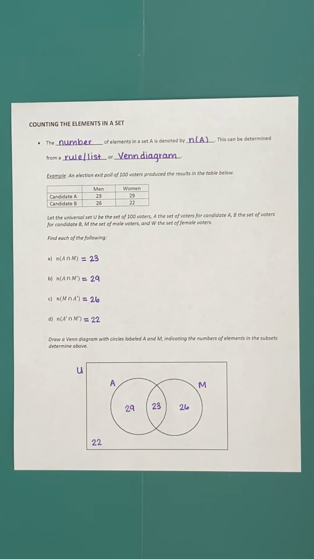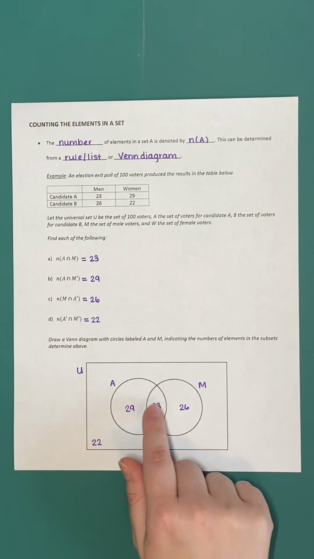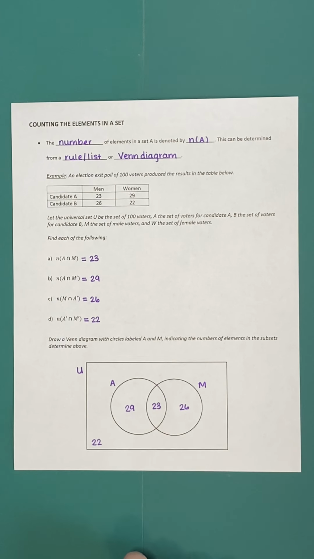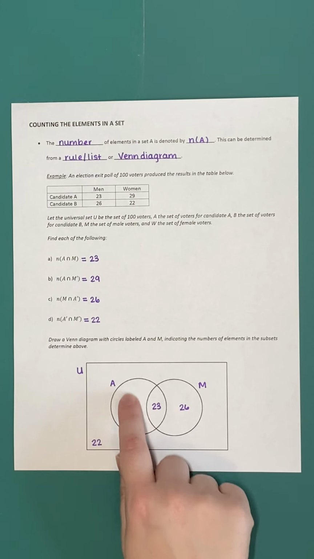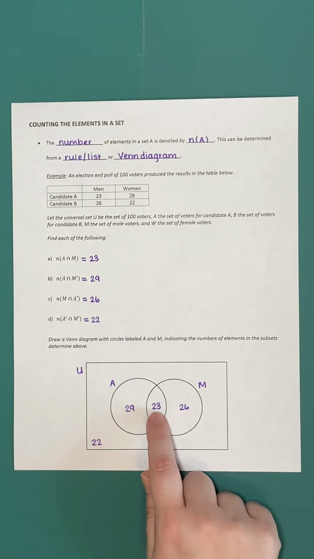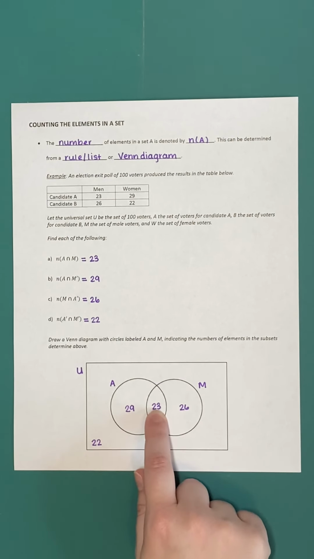Now, same way with candidate B, we've only represented candidate A. What happens if someone doesn't fall into the circle for candidate A? Well, we know automatically they had to have voted for candidate B. So these are people who voted for candidate A but are not male. These are people who are both voting for candidate A and are male, so they overlap.